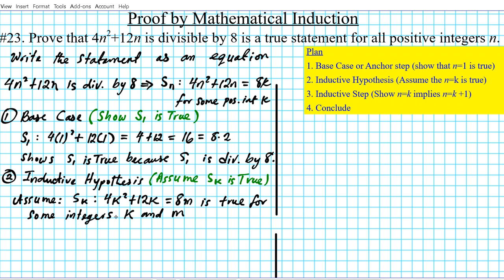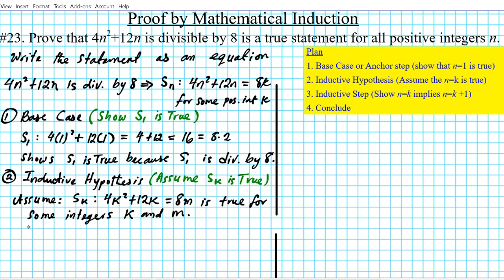All right, so assuming that this statement is true, for some positive integers k and m, this statement here is true. So this is our inductive hypothesis. Now, what is the beauty of the inductive hypothesis? Well, when we're carrying out the next step, which is the inductive step, we're always going to use our inductive hypothesis to complete that step. All right, so let's assume that this statement, 4k squared plus 12k equals 8m, is true for some integers k and m.